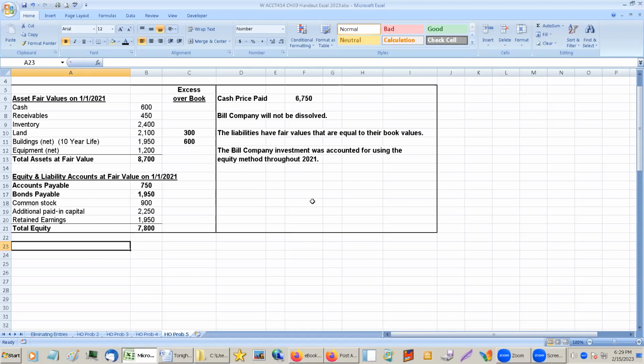There is goodwill. Is it 750? Yes, it is. Yep. Okay.